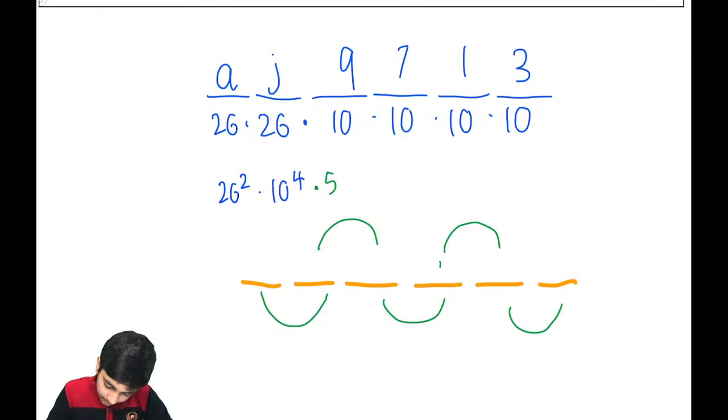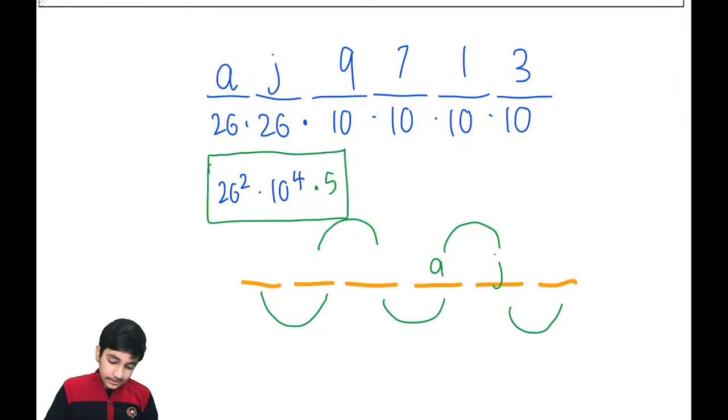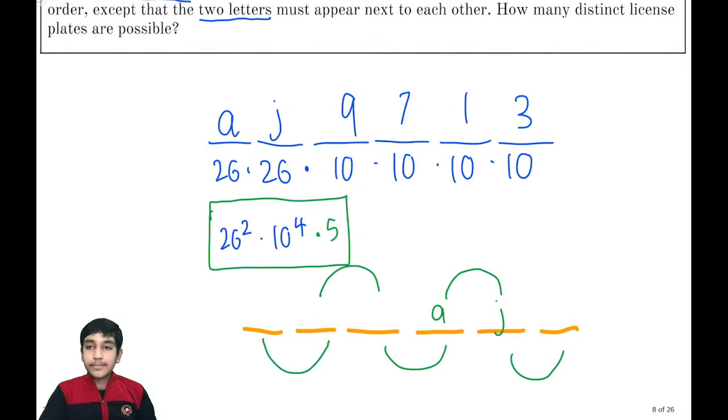Because, for example, we can also have A and J here, and the digits at the other slots. So overall, there's 5 different choices for where the 2 letters can go. So you just want to look at each of the pairs of slots. And that's the answer for this problem.